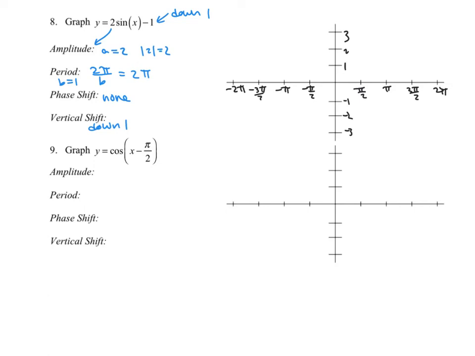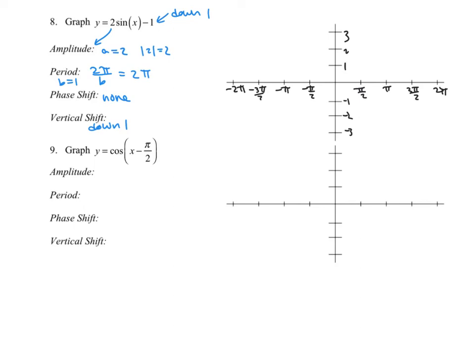So now when I plot my points, if it helps, you could graph the function with just the change in amplitude first, and then shift each point down 1 unit, if you want to do it that way.